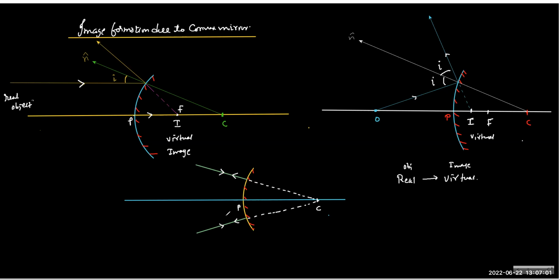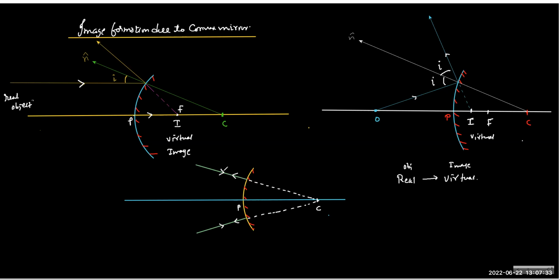I am doing it intentionally because you need to understand that a light ray can retrace only when it hits at right angle, whether it's a plane mirror, a spherical mirror, a parabolic mirror, or any mirror in the world. Any incident ray at right angle to the surface of the mirror will retrace, so it will go back to the same point.